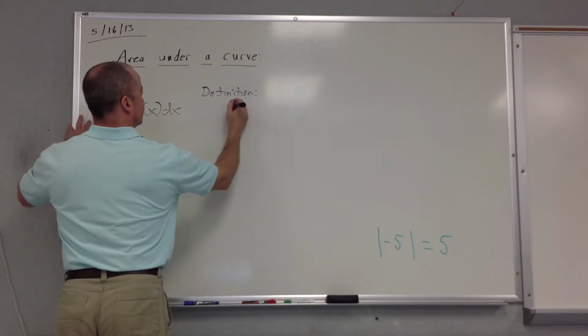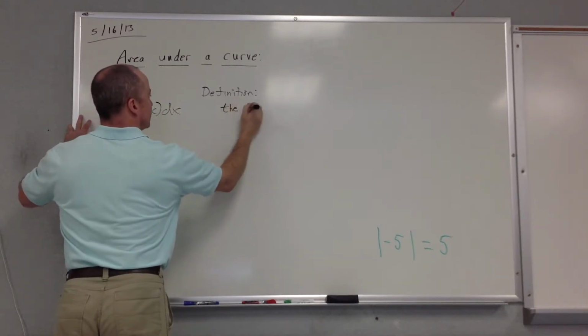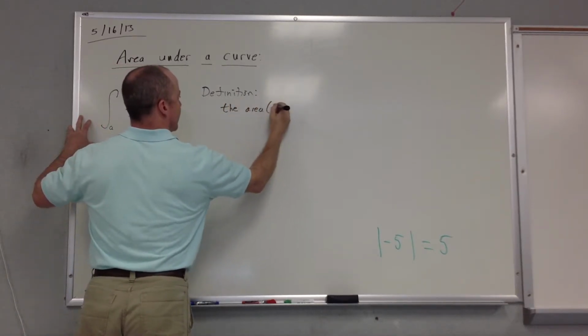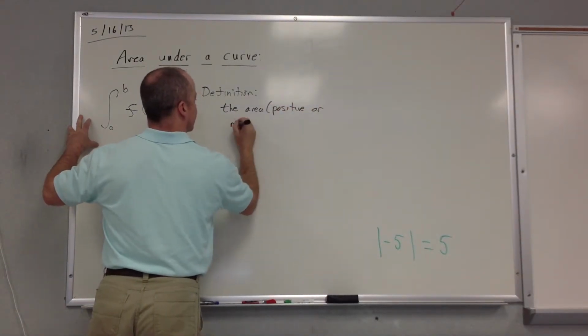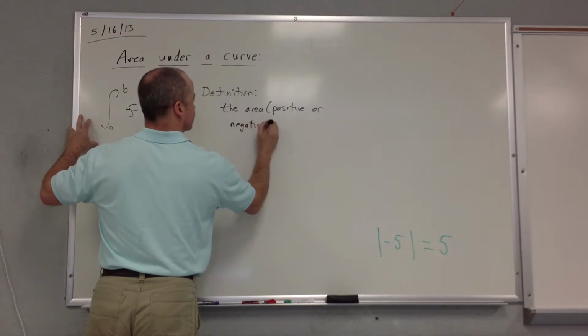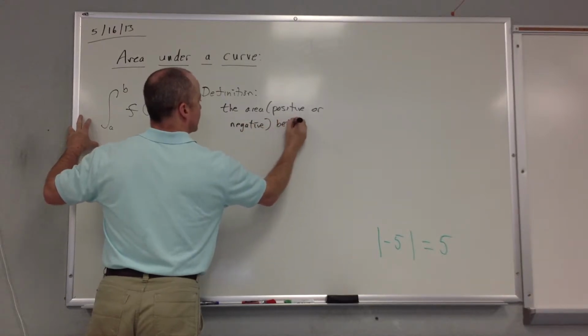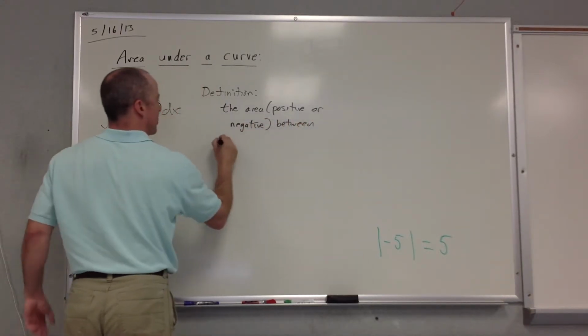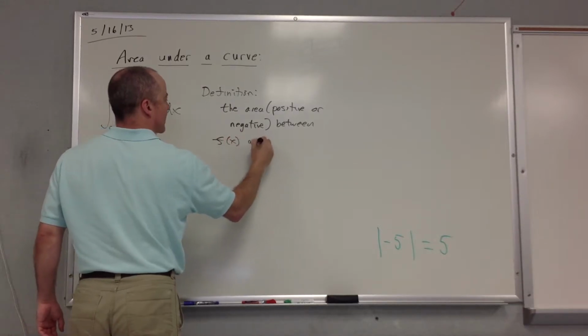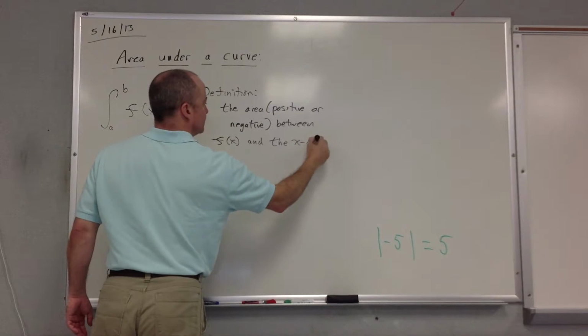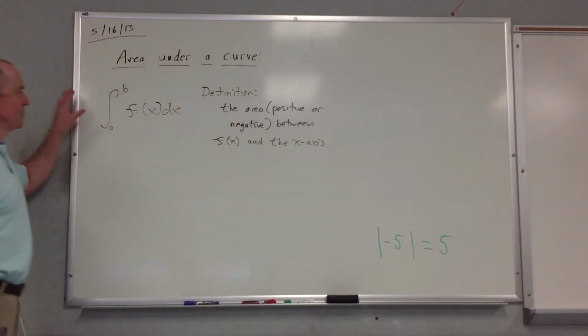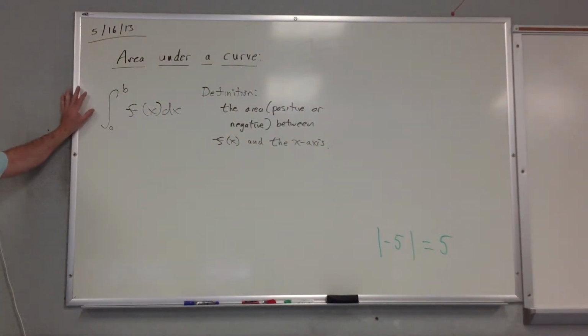Definition: the area, positive or negative, between f of x and the x-axis. That's the definition of this, and you have to know that.